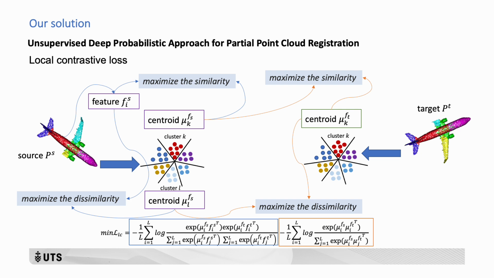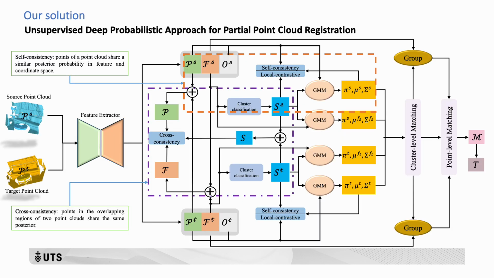This is the whole framework. Our method uses a shared weighted network to extract point-level features Fs and Ft, and overlap scores Os and Ot, from point clouds Ps and Pt, respectively. The cluster head consumes Fs and Ft to calculate probability matrices Ss and St, which are applied to estimate the parameters of GMMs.